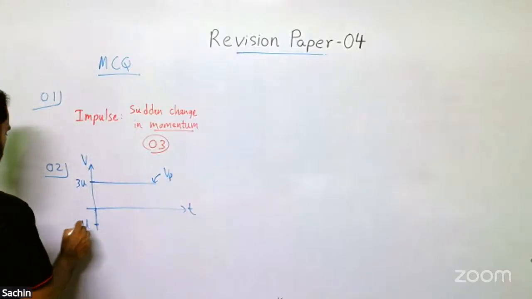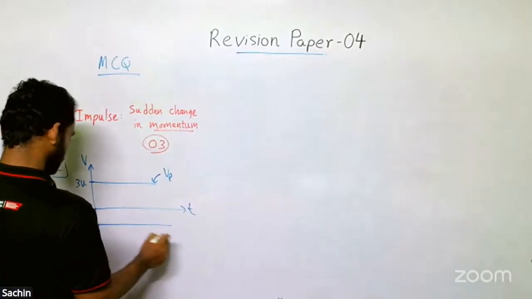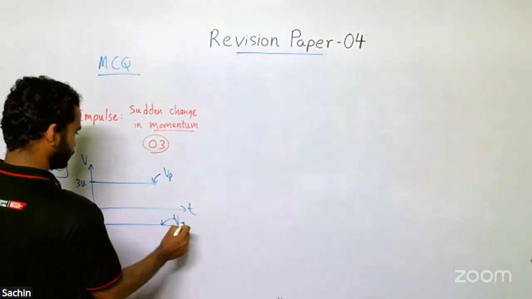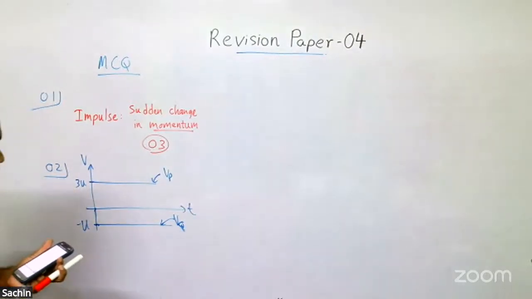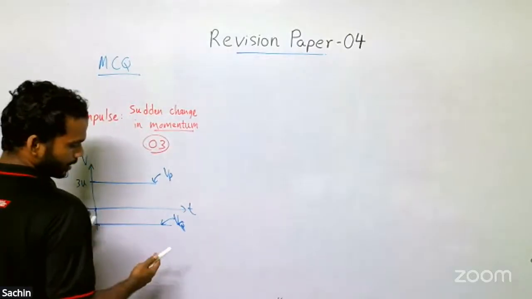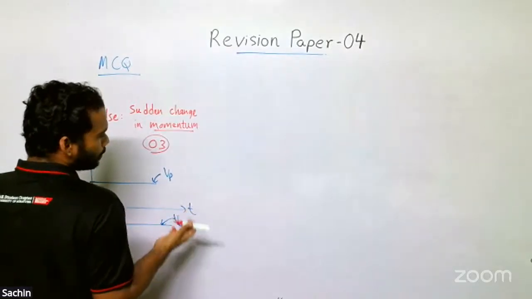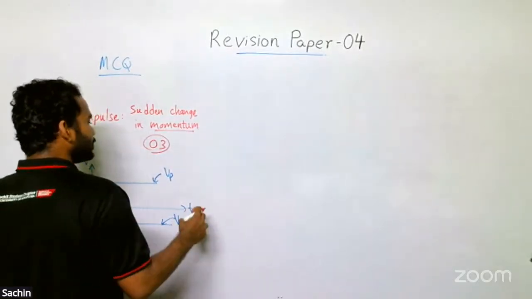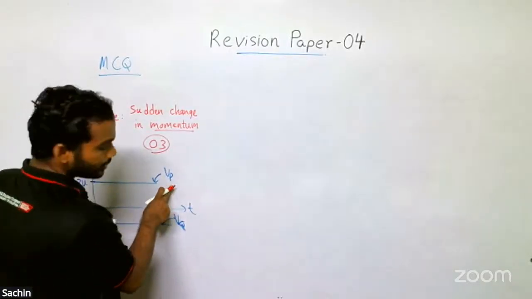Velocity of Q is a negative value, that is negative u. Both these velocities are measured relative to the Earth. If there is no object to which relative velocity is considered, then we consider the velocities are measured relative to Earth.